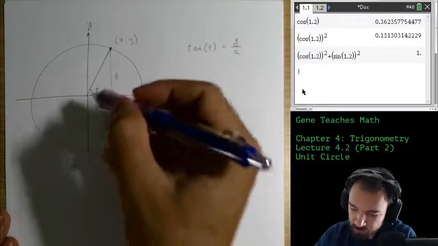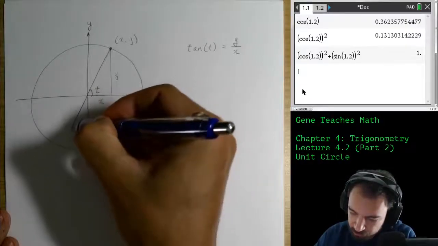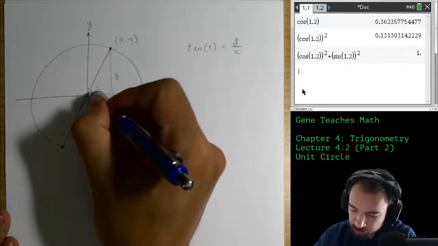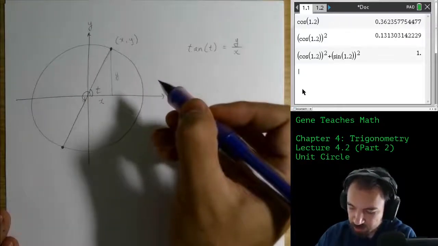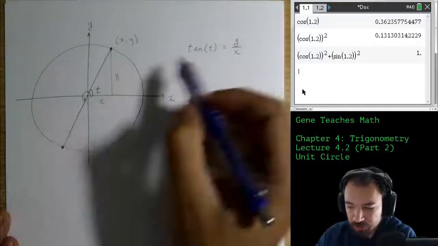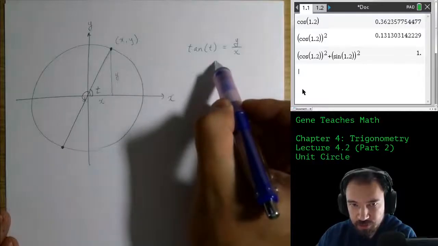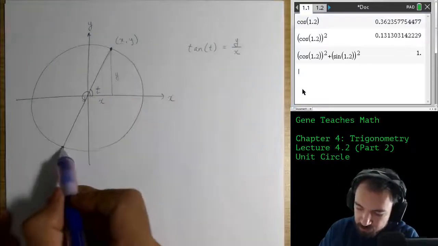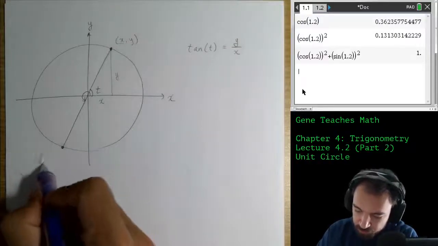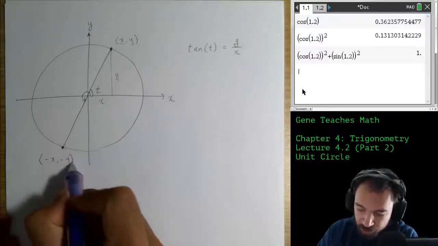Well, the easiest answer is, let's continue this over here and say, oh, there's an angle if I go to that terminal side where the slope is the same, and therefore the value of tangent is the same. And you can tell because x is going to turn into a negative value, y is going to turn into a negative value, but this will ultimately be negative x comma negative y.